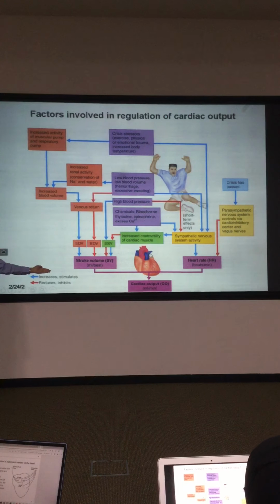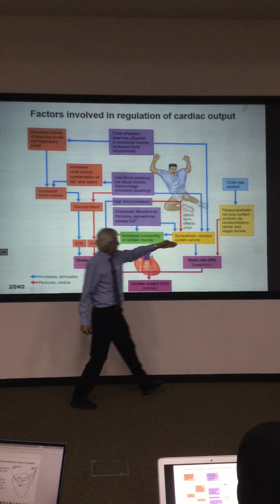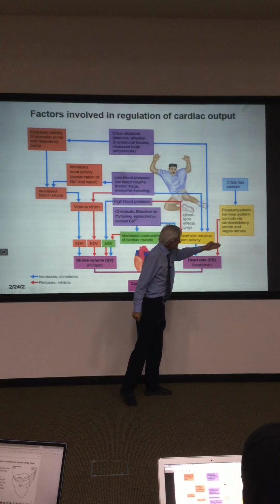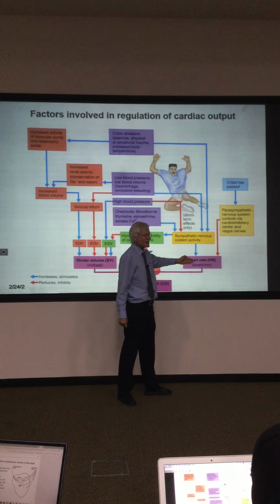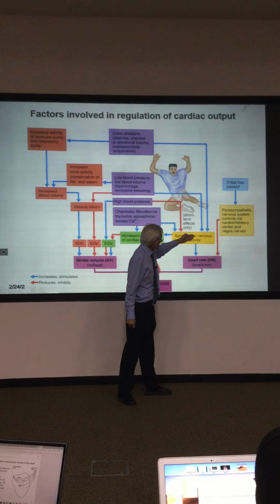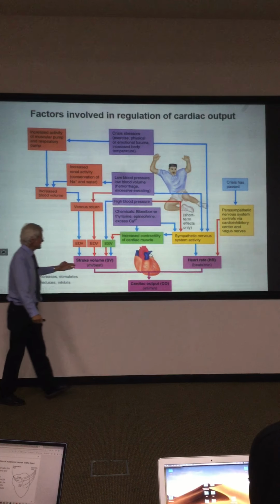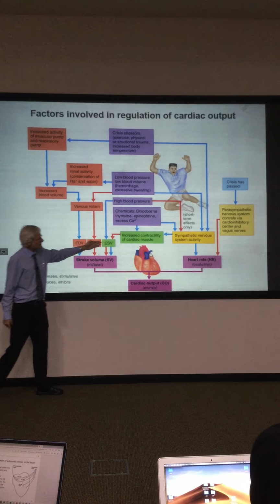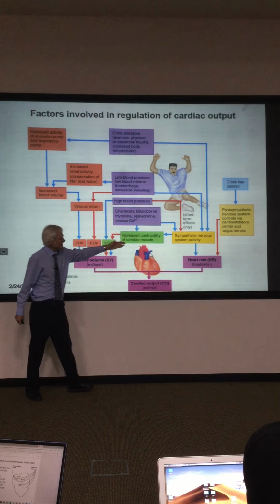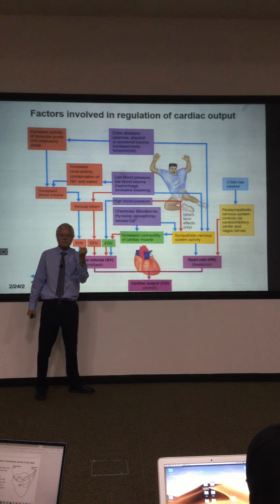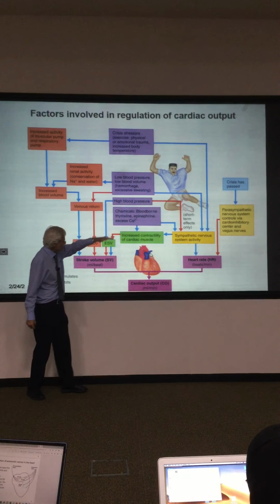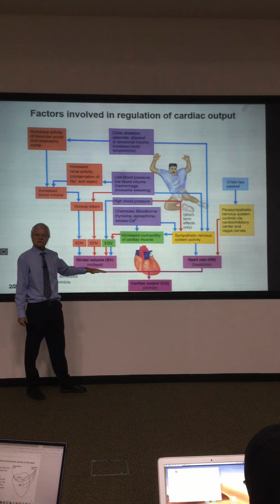Blue increases or stimulates, red reduces or inhibits. So parasympathetic reduces or inhibits heart rate. Sympathetic stimulates heart rate. Meanwhile, on this side, we can see that sympathetic increases contractility, so positive inotrope, and will increase the force of contraction, won't it?